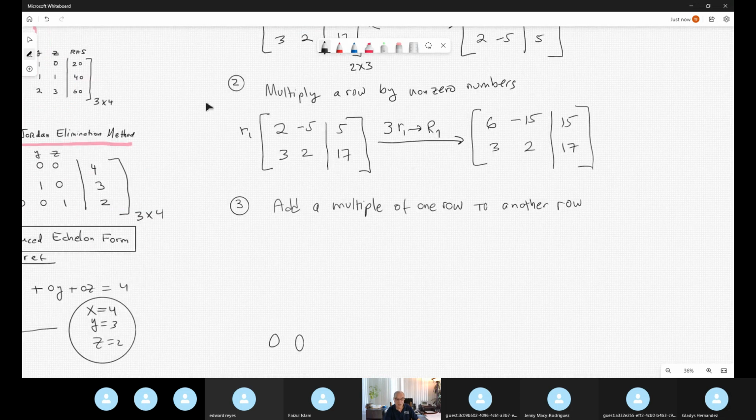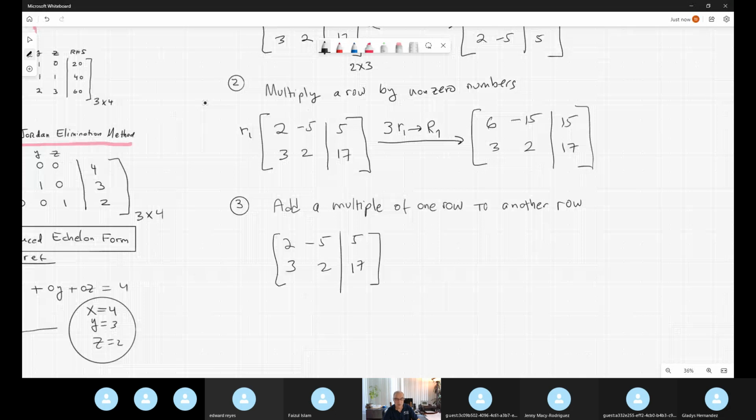Suppose again we have the same matrix: 2, 3, -5, 2, 5, and 17. It's the original matrix, but I want to explain the new row operation and the symbolic way to indicate it.